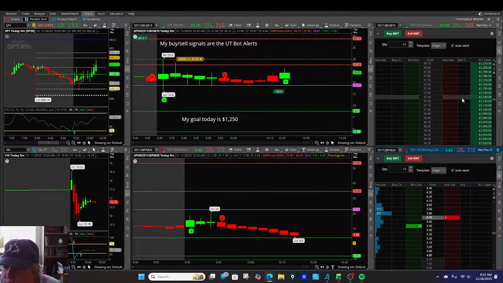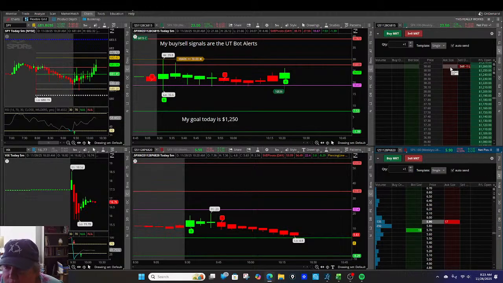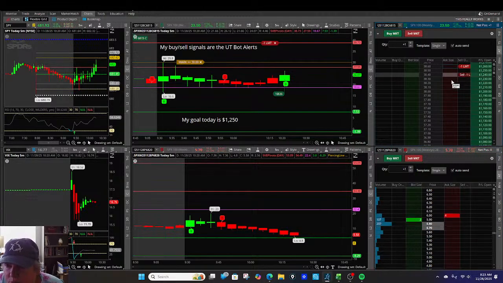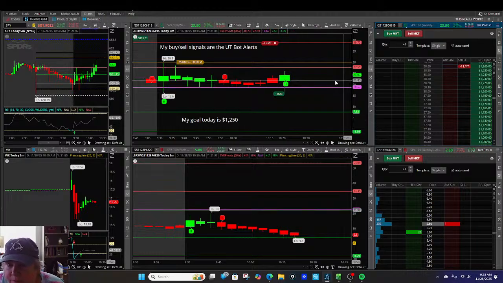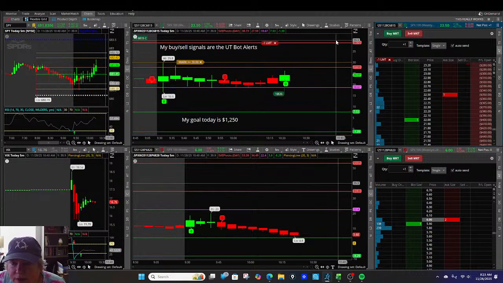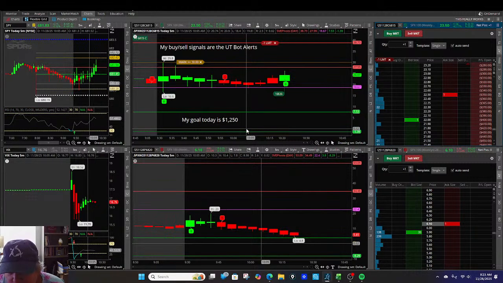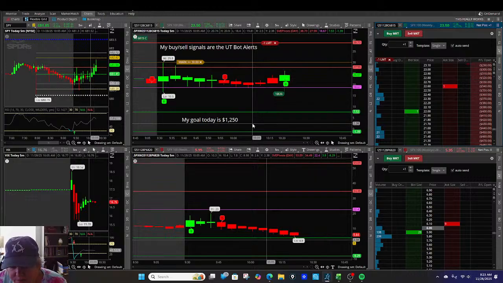So I'm going to do 1260 to take care of any fees or anything. So I click on that maroon bar, and there is my limit order. So when it goes up, hits that, I've made $1,250. While we're waiting, I'm going to put some music on.